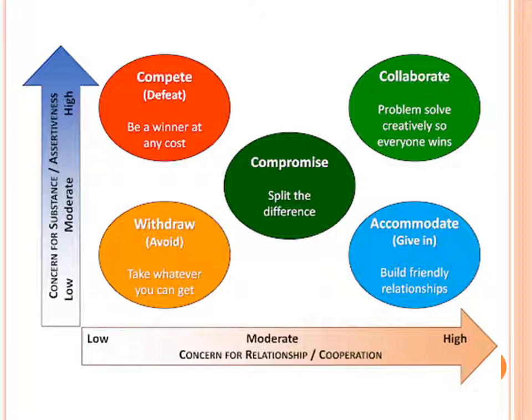In competition, one party tries to be a winner at any cost by defeating the other parties. In the method of collaboration, it talks about a win-win solution to the conflict. In the accommodation approach, one party gives in, and in the compromise method, both the parties give up something.